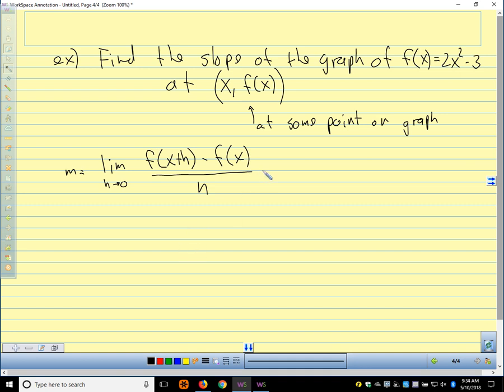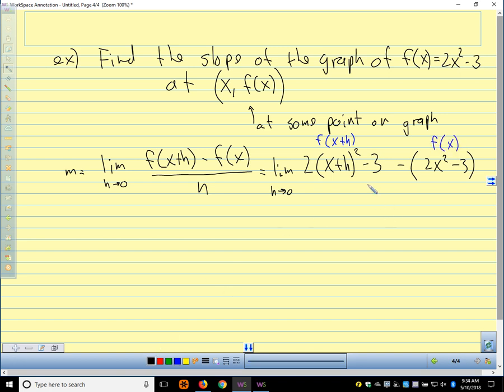And in this case, that's going to be the limit as h approaches 0. f of x plus h just means plug in x plus h everywhere we see an x. 2 times x plus h squared minus 3. That is f of x plus h. Minus f of x, minus 2x squared minus 3. That's my f of x.